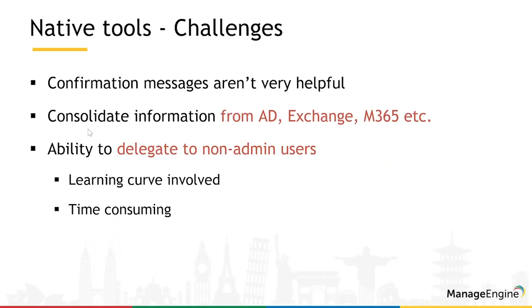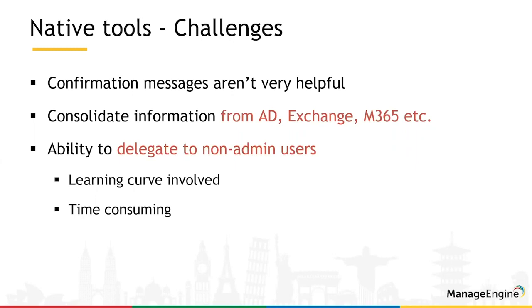Now, the second challenge that I see is consolidating information, because I have interacted with administrators operating in a hybrid mode from different parts of the world. One challenge that they feel is still present is consolidating information. You have one user who has his or her digital identity in various technology platforms.